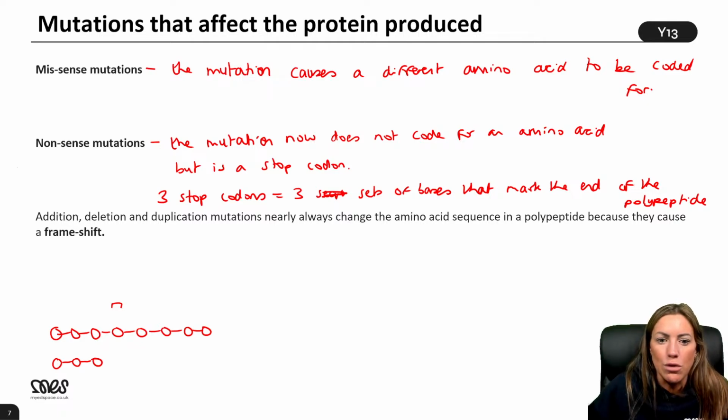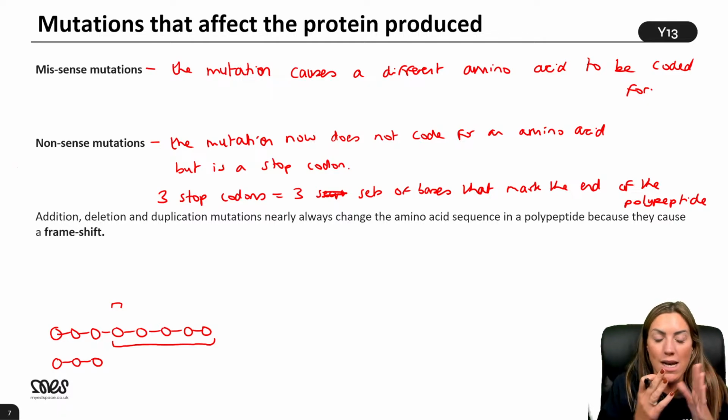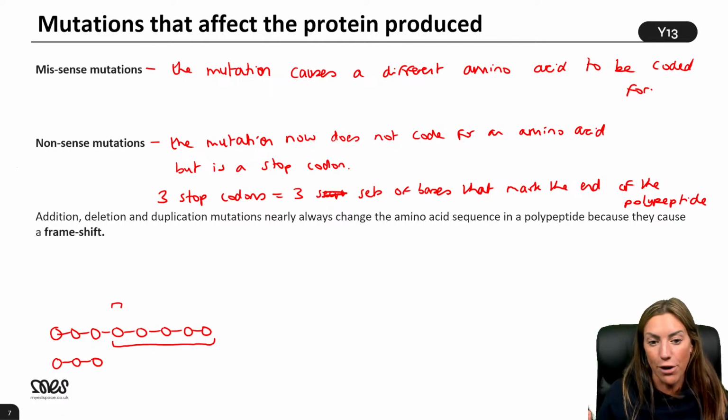So it's going to have a huge effect, right? It's going to get stopped early, so it's not going to have any of these amino acids. So the tertiary structure is not going to form in the way it should. I'm pretty certain this protein is not going to be able to function because the polypeptide would be shorter. The tertiary structure would be different.